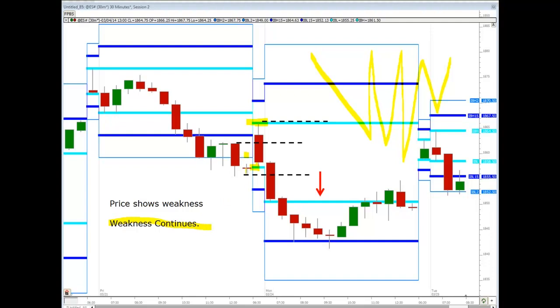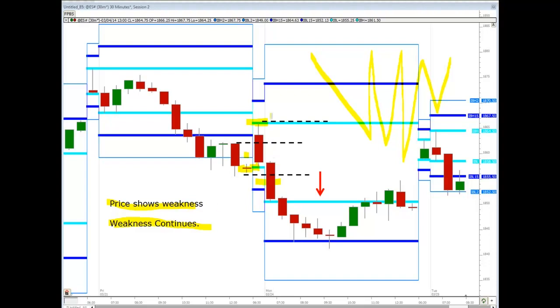I would know that if, in fact, we take out the low of this doji that closed the prior week. So if we take out this low, which we did, I could then come back in as a short into the market because I see price has shown weakness and the weakness continues in the marketplace.